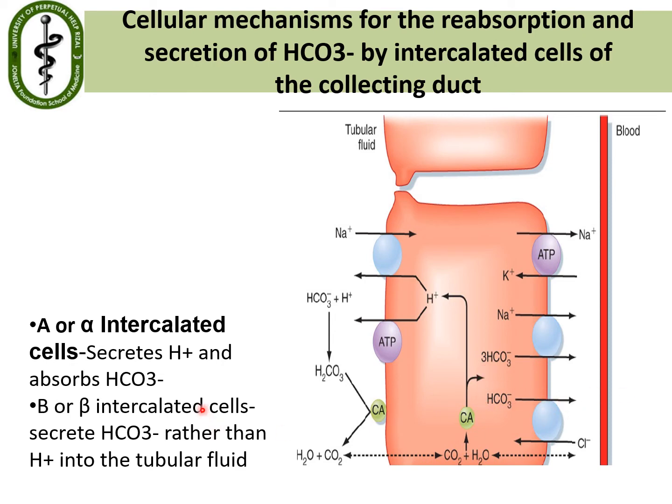It's also important that we differentiate the two intercalated cells in the collecting duct. Your alpha intercalated cells will secrete hydrogen and absorb bicarbonate, while your beta intercalated cell will secrete bicarbonate rather than hydrogen into the tubular fluid.